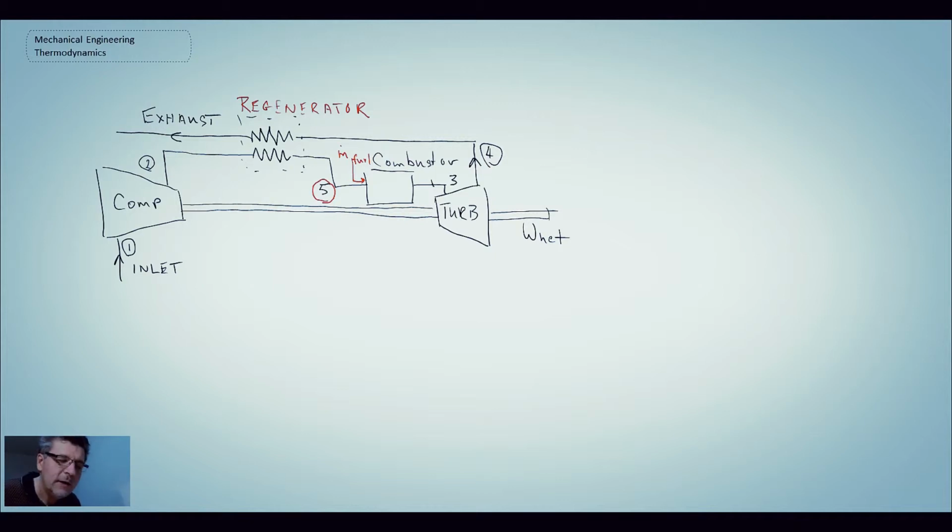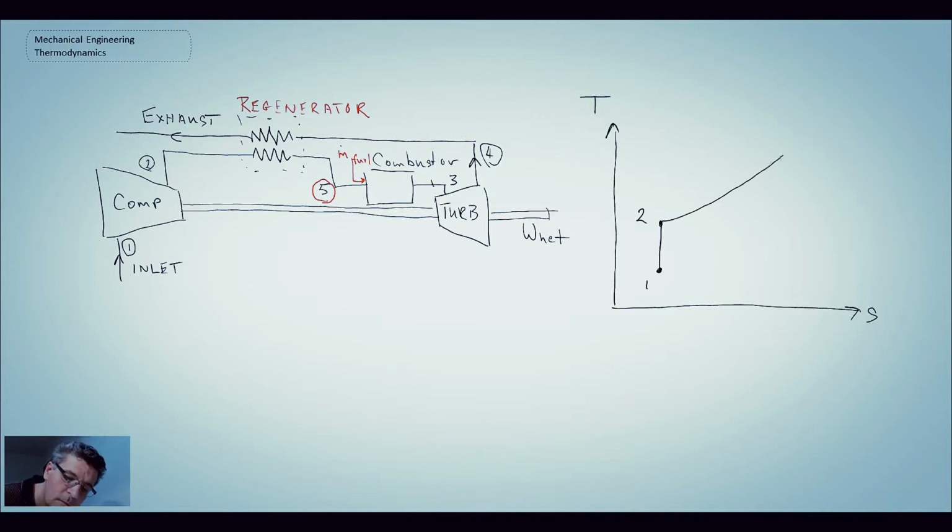Now taking a look at the TS diagram. I've drawn two horizontal lines to denote the temperature of the exhaust when it's coming out. So it's state 4, and we draw this line here, and that will be indicated by state 5 prime.